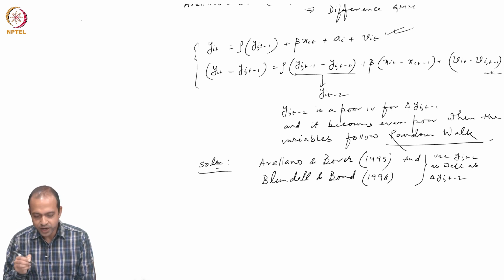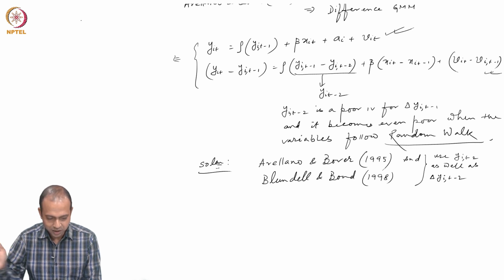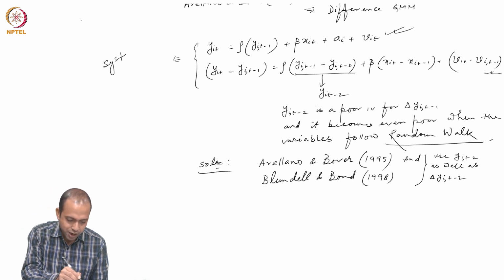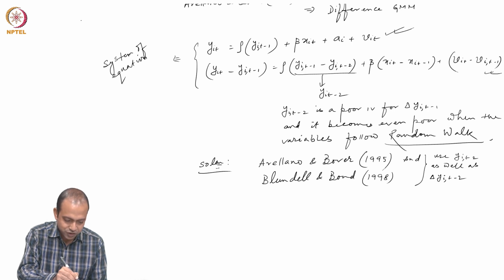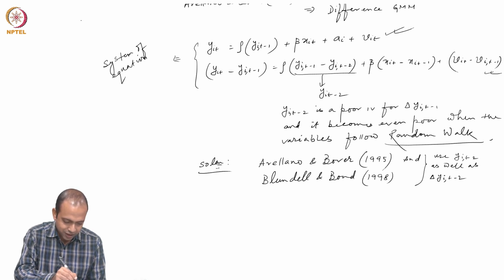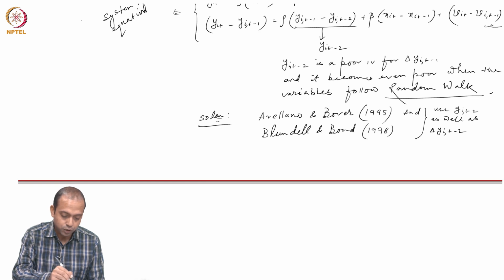Okay. So, they said in this system of equations, Y(i,t-2) is the IV for the differenced equation and delta Y(i,t-2) is the IV for the level equation.